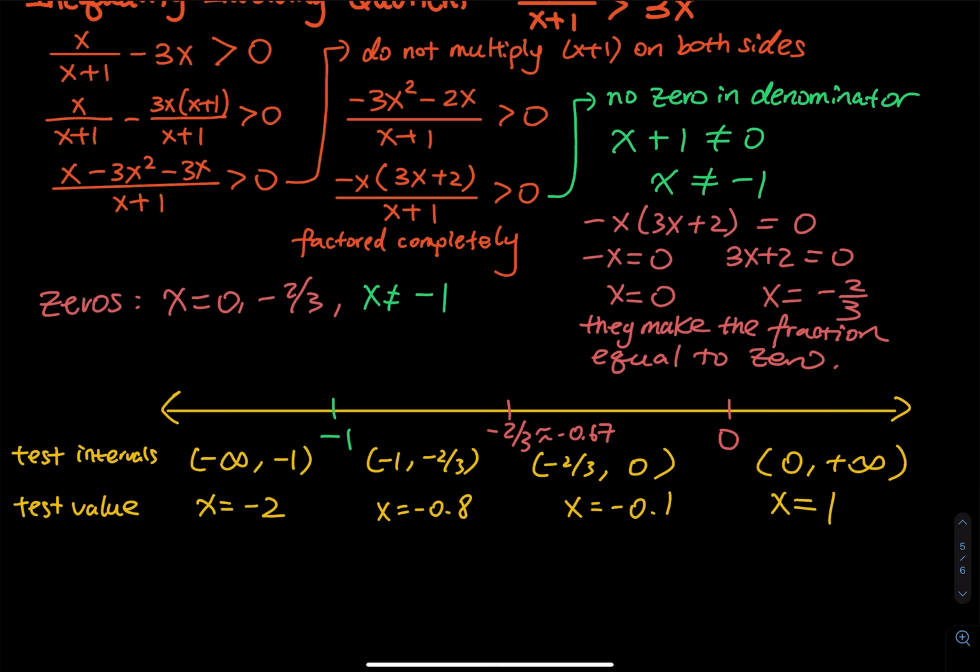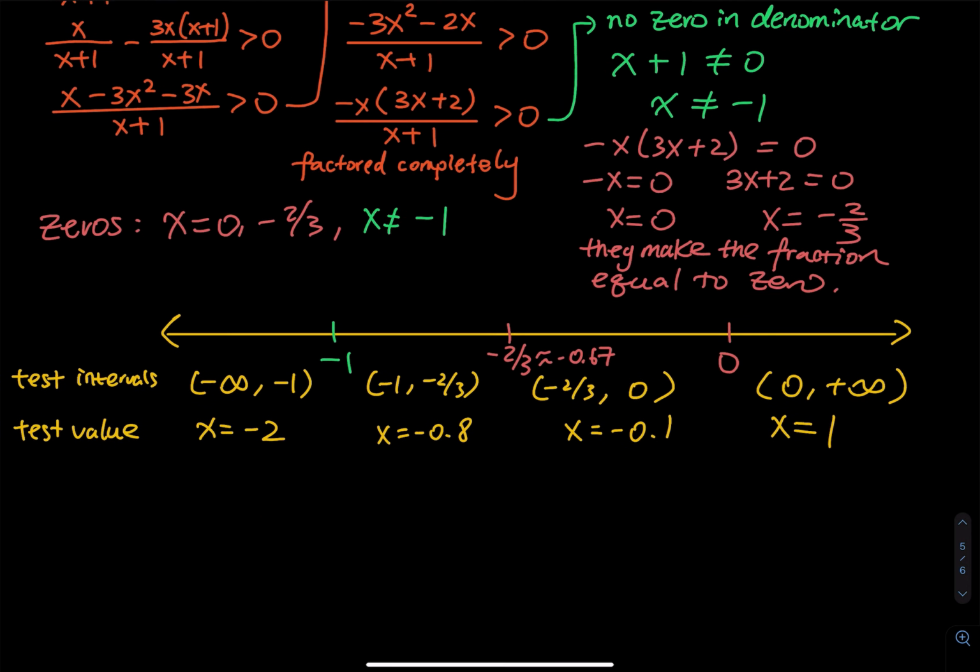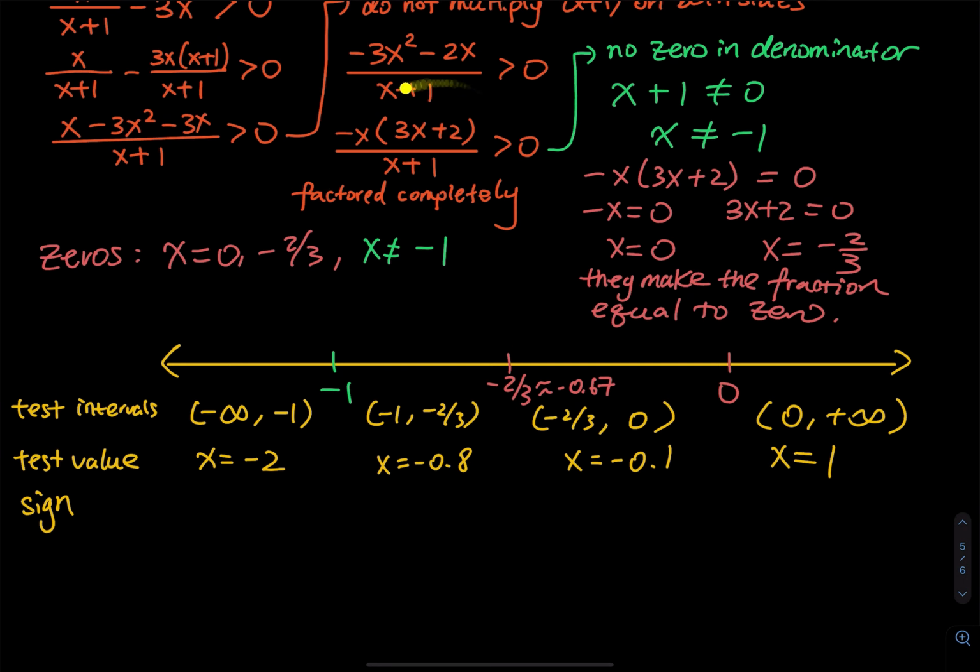Okay, let's do the plugin. So we are testing the sign of each factor. Each factor where? Right here. See this? How many factors do we have? We have a negative x, we have a 3x plus 2, and then we have an x plus 1.